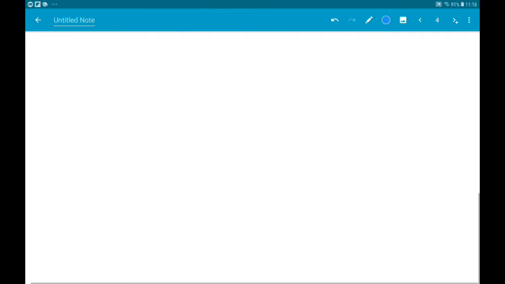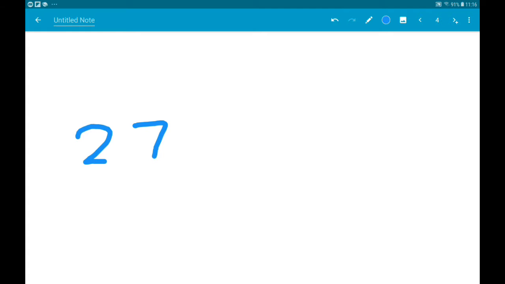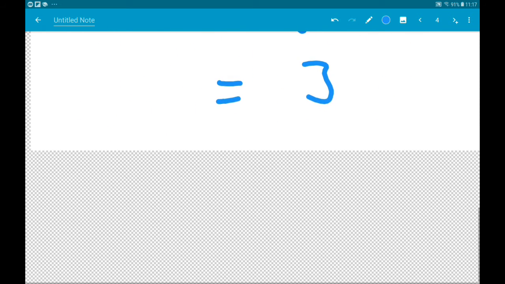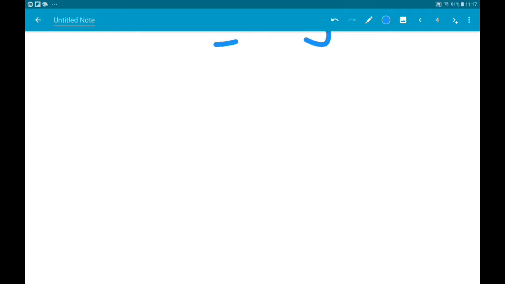What about if we had 27 to the 1/3? That would mean the cube root of 27. Now the cube root of 27 is 3. What about 32 to the 1/5?